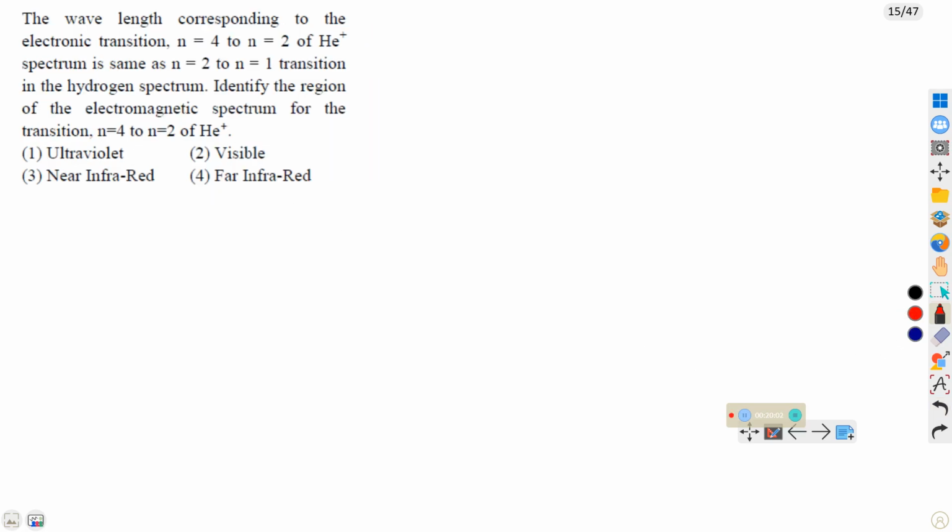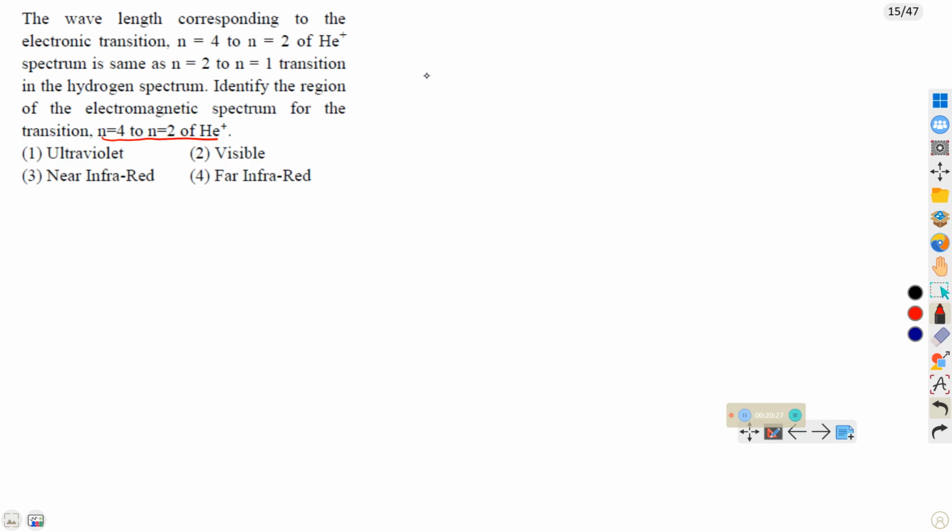The wavelength corresponding to the electronic transition n equals 4 to n equals 2 of the helium plus spectrum is the same as the n equals 2 to n equals 1 transition in the hydrogen spectrum. Identify the region of the electromagnetic spectrum for the transition n equals 4 to n equals 2 of helium plus.